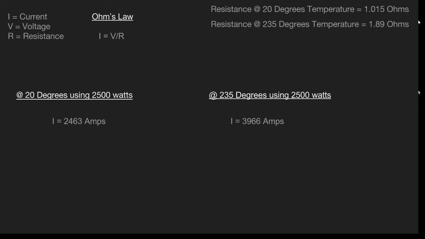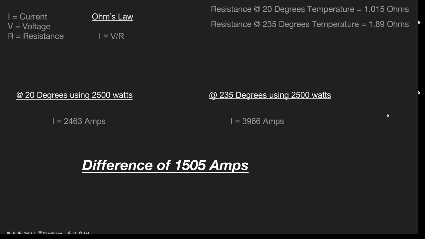So what they end up doing for this sort of system is they're forced to control for the temperature. And of course the difference between those is 1,505 amps, which is a pretty substantial change.